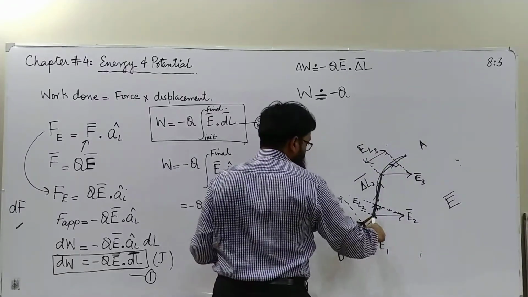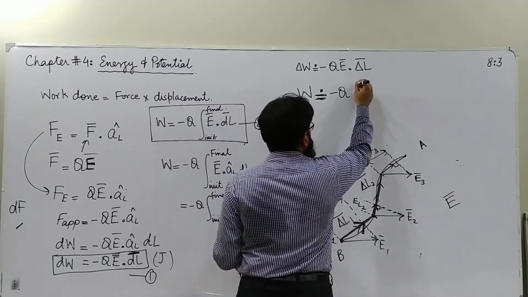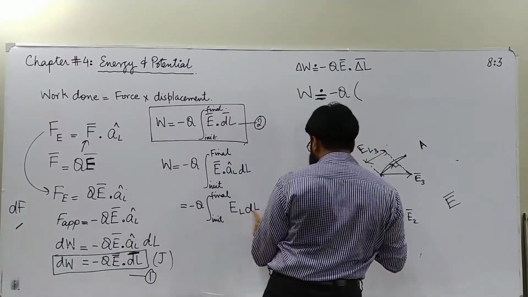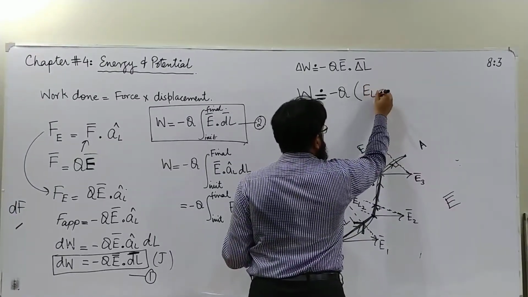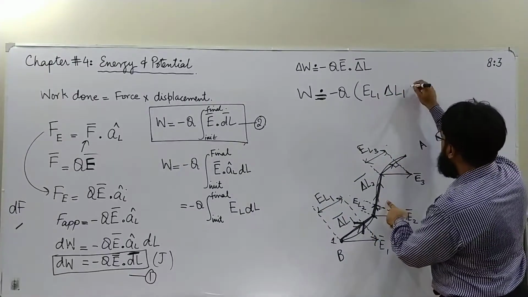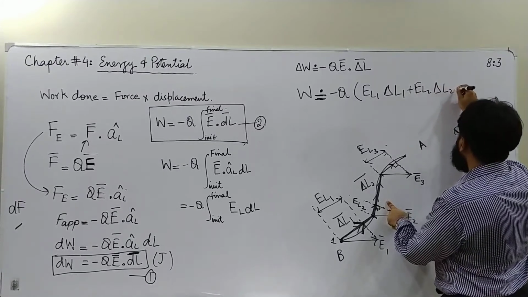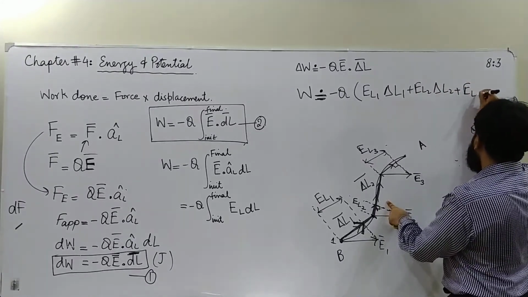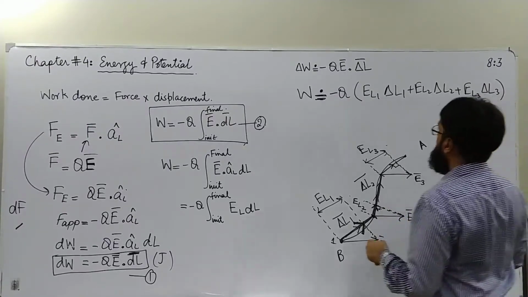But since I am not dividing it into infinite lengths, I have to evaluate this product for these three segments: EL1 multiplied by delta L1, plus EL2 multiplied by delta L2, plus EL3 multiplied by delta L3. This is what I would get.